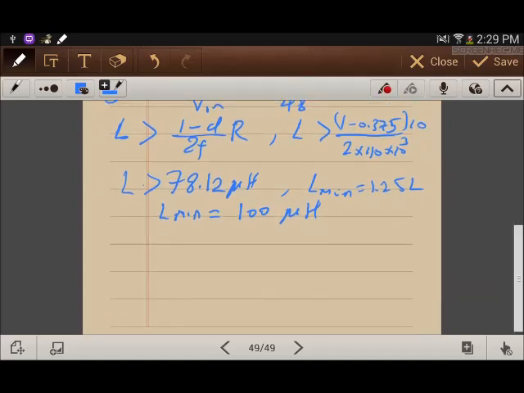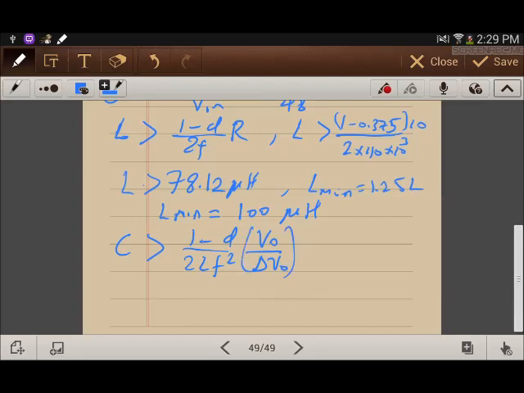The next thing in the designing process is to find C. For C, they said we want it to be greater than 0.5%, so it's (1 minus D) divided by 2L, multiplied by F squared, multiplied by V out over delta V out.